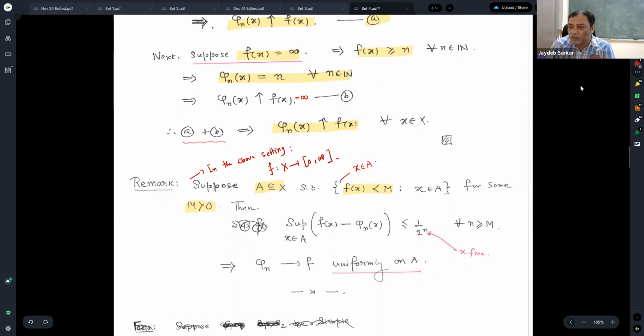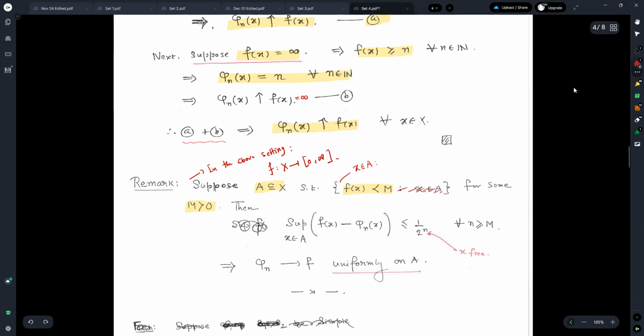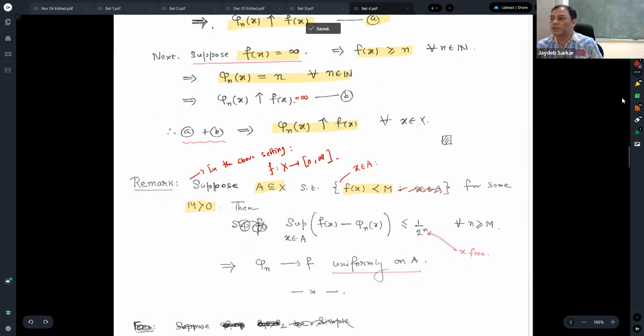Is that what you mean? Yes, sir, that's how one should write a set. All right, so let's see that. Suppose A is a subset of X such that your f(x) is smaller than m.